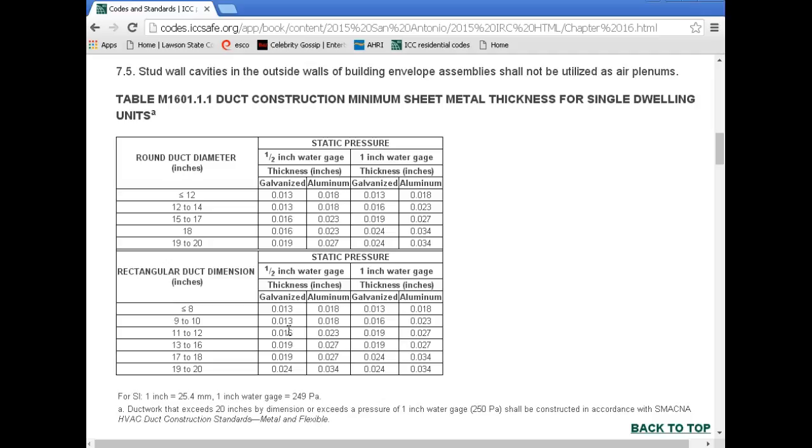This is about the only information, and we'll see it again in the mechanical code. But this table, if they go, hey, what thickness should the metal be in your duct? A 15-inch duct, or something like that. They're going to come to this table. It's pretty simple, but if you don't know to come to this table, you're going to be lost. Okay?